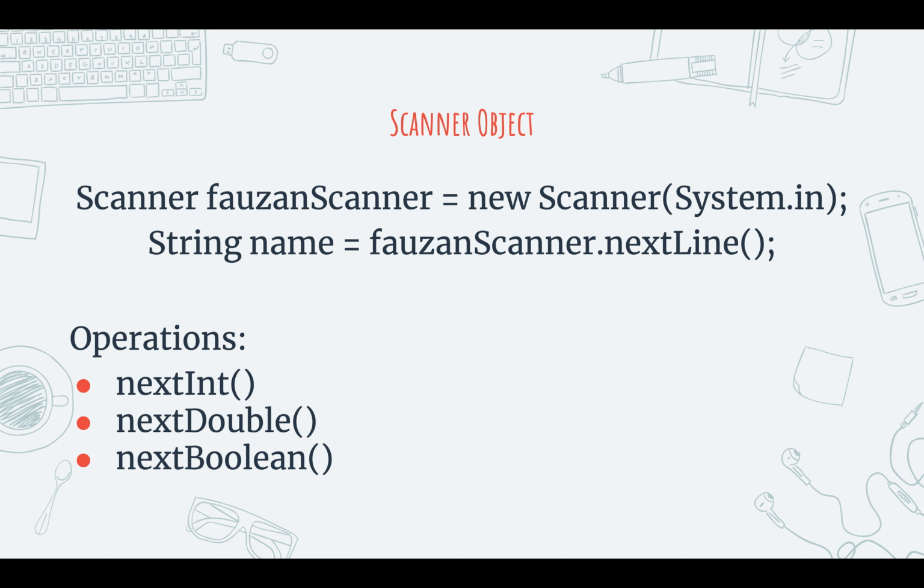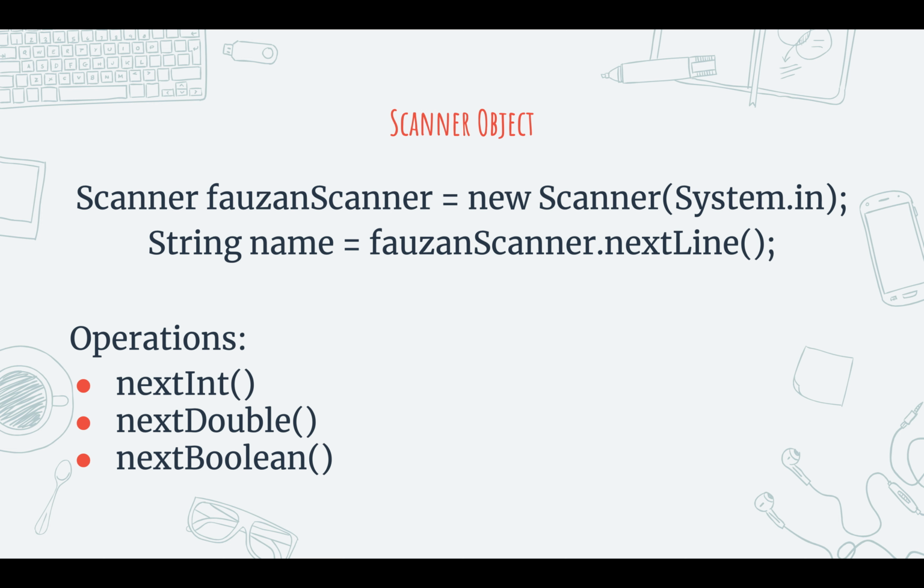That's the name that I gave to my scanner. Now I can make another scanner and name it someone else's scanner equal to new scanner System.in. But if I want to access Fozon scanner, I use the name Fozon scanner to actually access it.